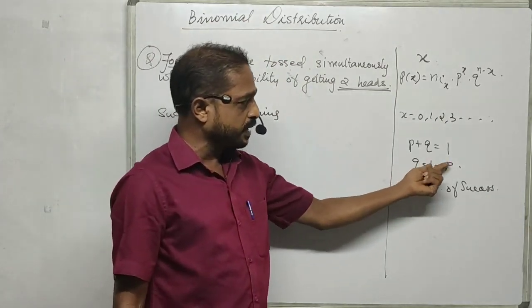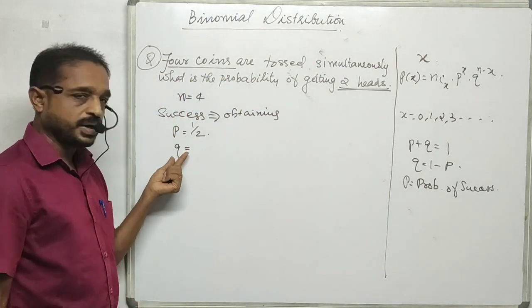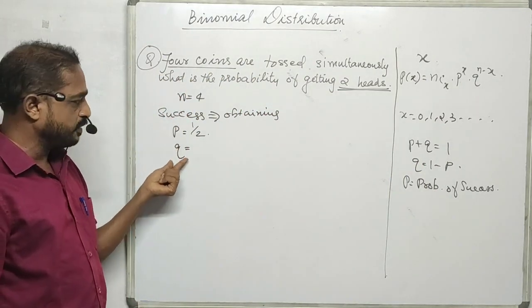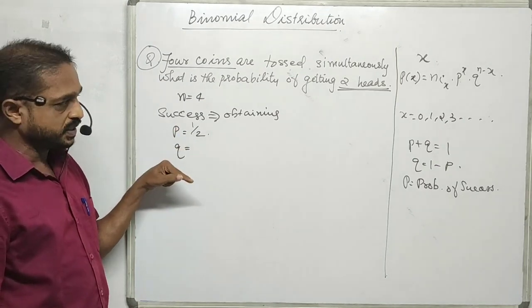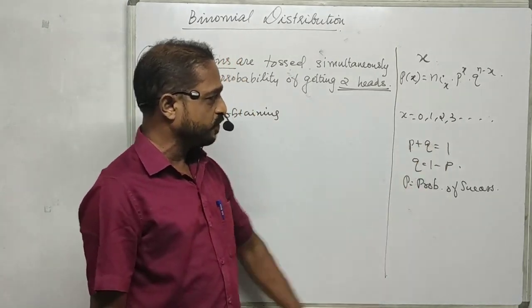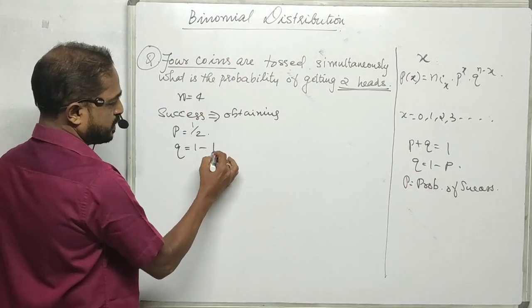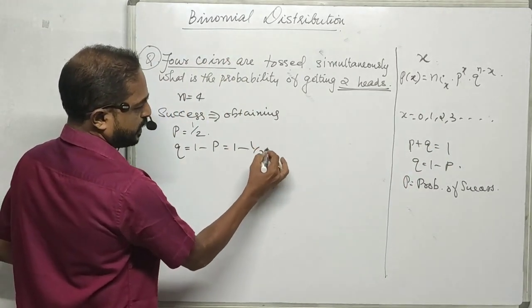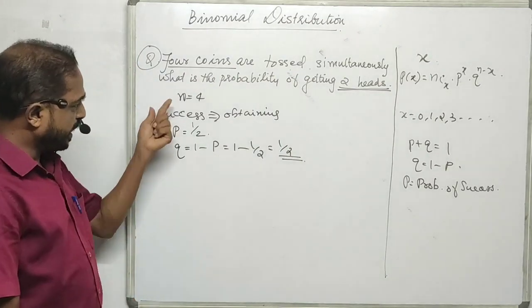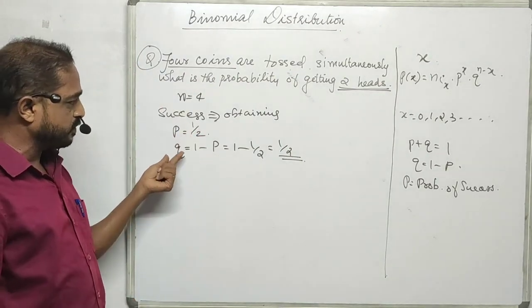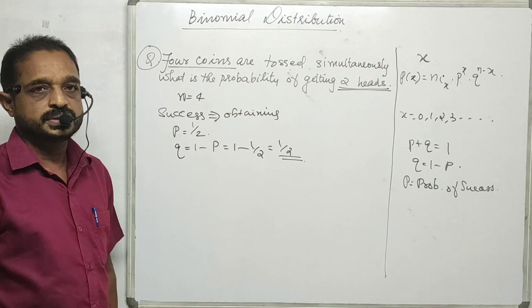Q is equal to 1 minus P, because success and failure are mutually exclusive and exhaustive. Therefore P plus Q is 1, or Q is equal to 1 minus P. 1 minus 1 by 2 is 1 by 2. So n is equal to 4, P is equal to 1 by 2, and Q is equal to 1 by 2.